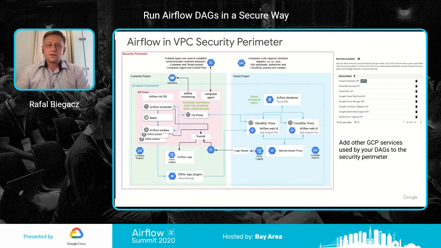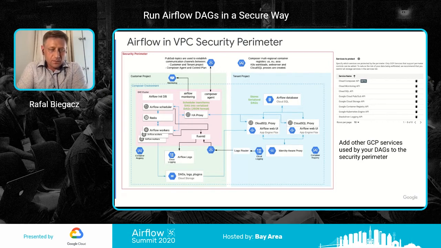Now, translating this concept to Airflow within Composer. On this diagram, you can see all the components that are used by Composer. We have data plane and control plane components of Composer, because it is important to put all the components in this security perimeter.